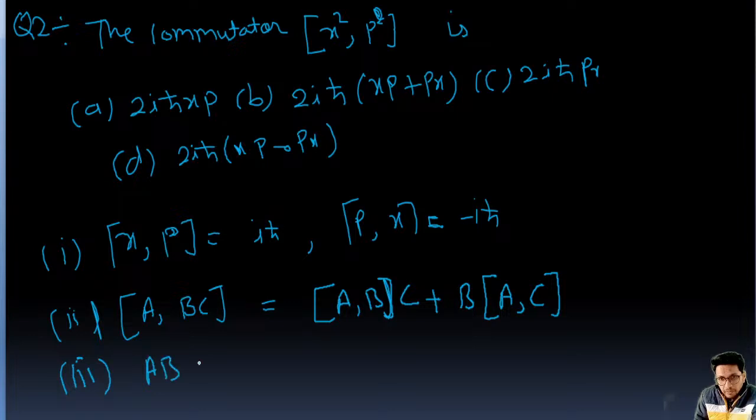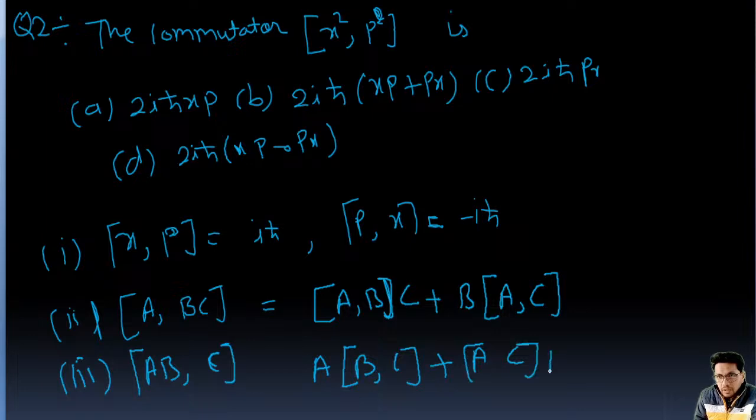And the third property of commutator is, if you have to find the commutator of ab comma c, it is going to be a into commutator b comma c plus commutator a comma c into b.